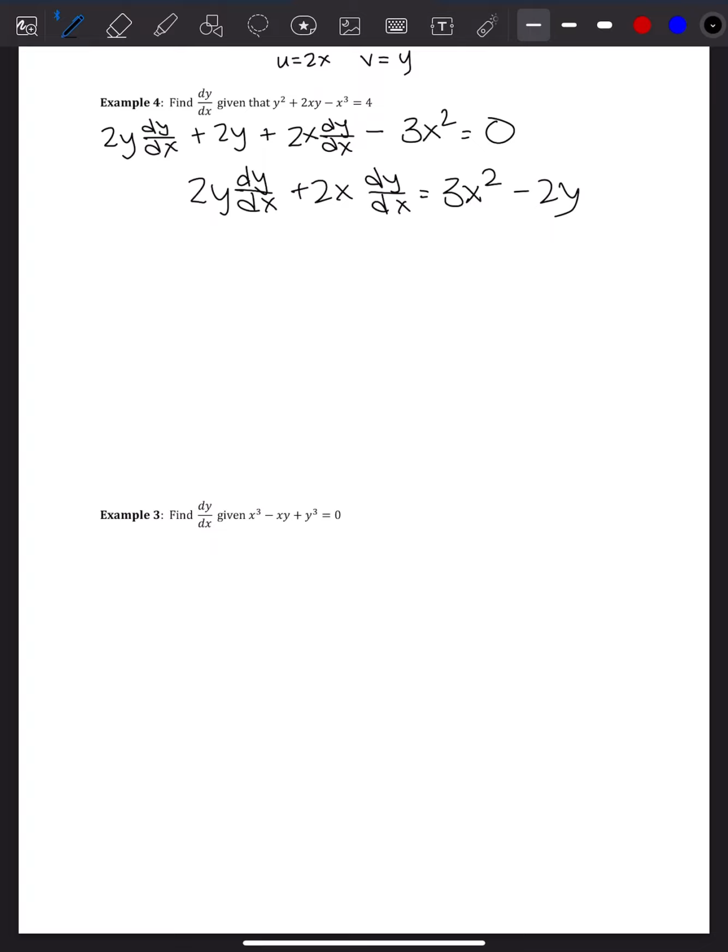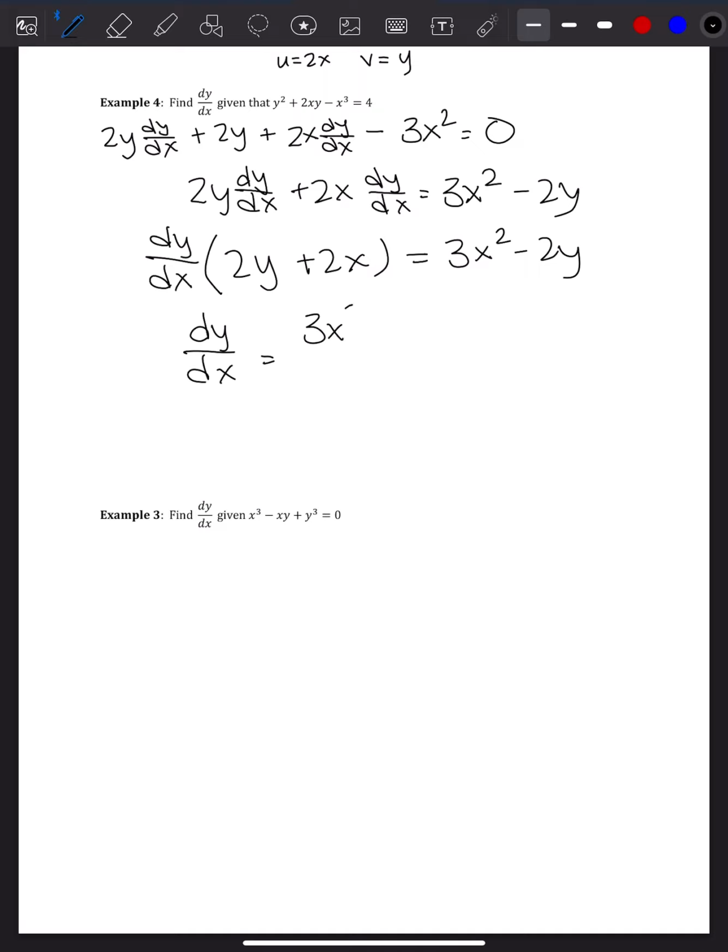We have a dy over dx times 2y, a dy over dx times 2x, so I'm going to factor out the dy over dx to get dy over dx times the quantity 2y plus 2x. And then we're going to divide by that quantity. So dy over dx is equal to 3x squared minus 2y over 2y plus 2x.